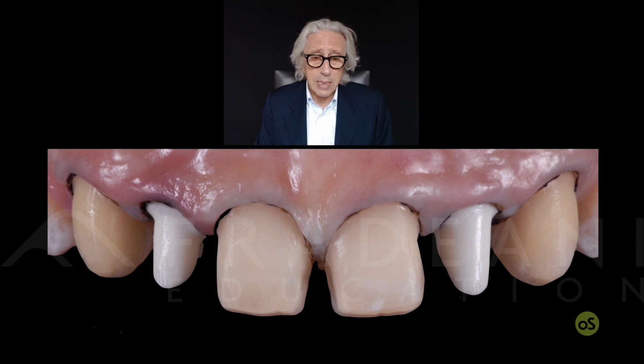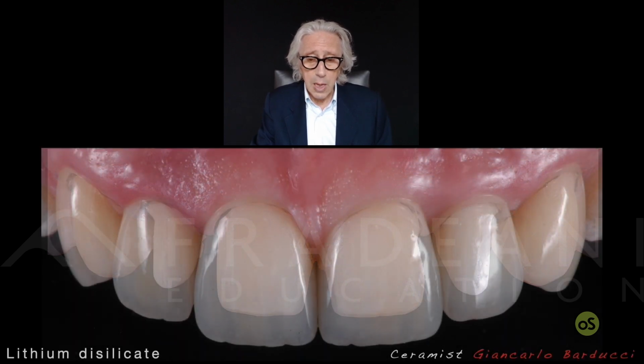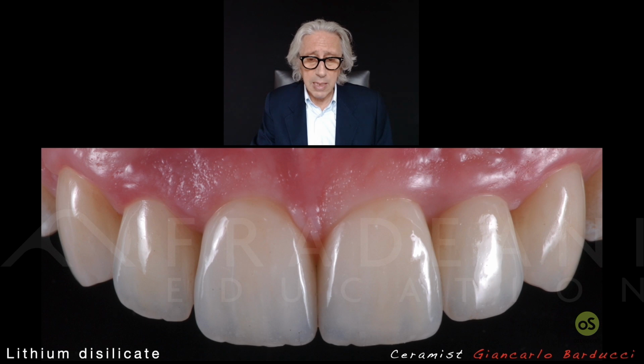Our goal is to obtain the ideal dental composition in order to have the satisfaction of the patient. And we had the chance to finalize this work with lithium disilicate. As you could observe, the lateral incisors are now in the right position.